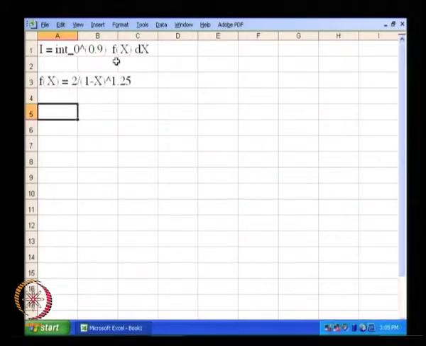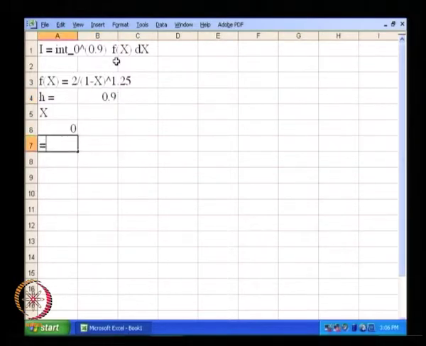So our integral I is nothing but the total volume. Let us write down the x value, and we are going to start with x equal to 0, and we also need to decide what our h is going to be. H, let us say, is going to be equal to 0.9.